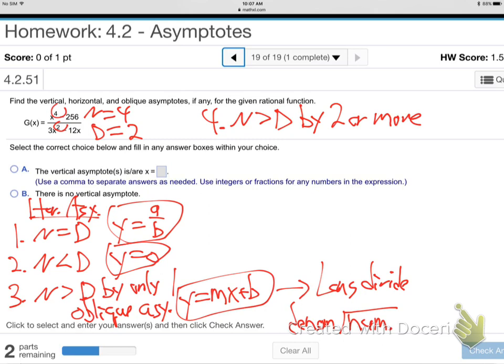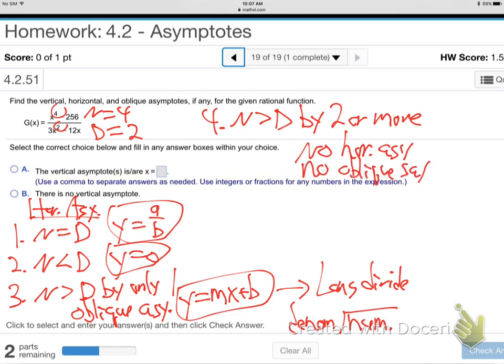If the numerator is only 1 power higher, like x cubed over x squared, that's x to the first, that's mx plus b. It pulls it up as a dotted slant asymptote line. But if the numerator wins by 2 or more, it's not just a straight line. He just rockets it up, and so there's no horizontal asymptote, no oblique asymptote.